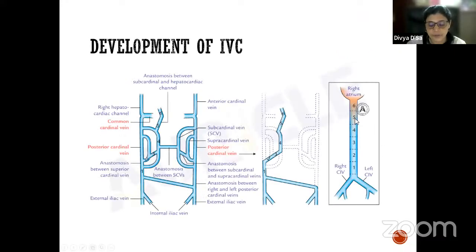Next is development of inferior vena cava. Okay. To understand the development of the vena cava, we should understand this. Okay, to understand this diagram, we have what we call the right common cardinal vein.